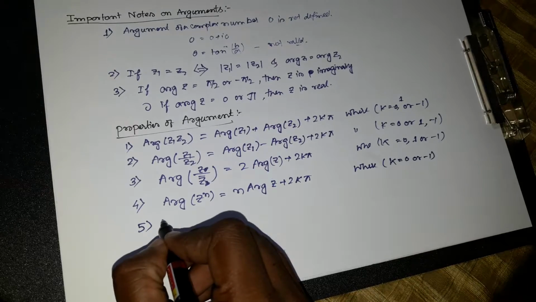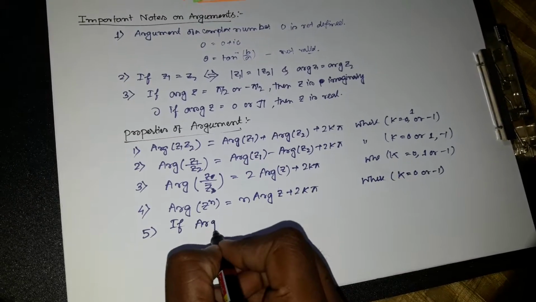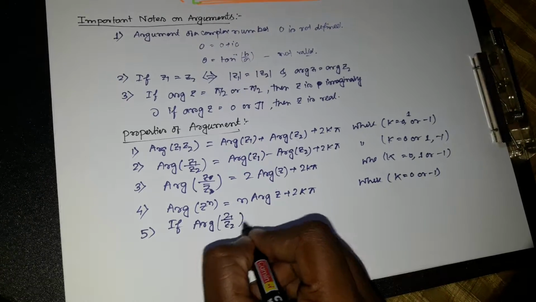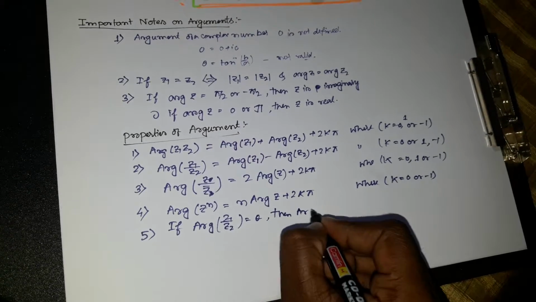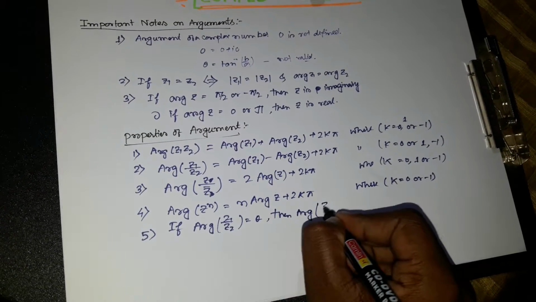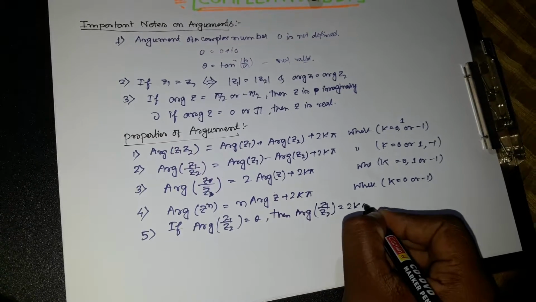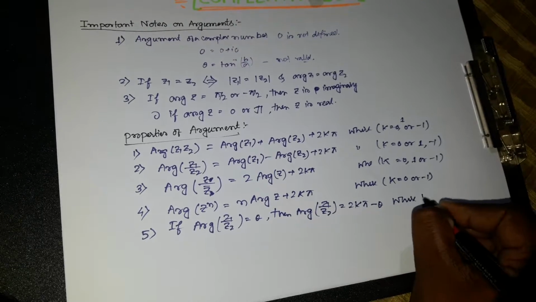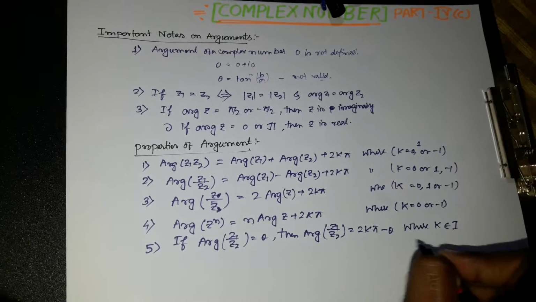Number 5: if argument of z1 by z2 equals theta, then argument of z2 by z1 equals 2k pi minus theta, where k belongs to I.